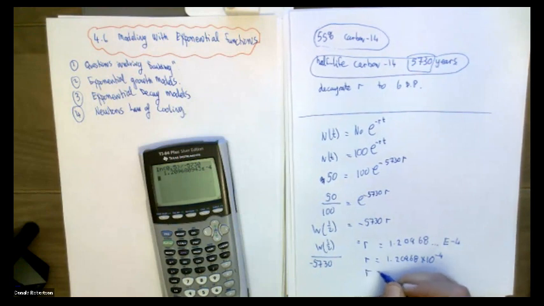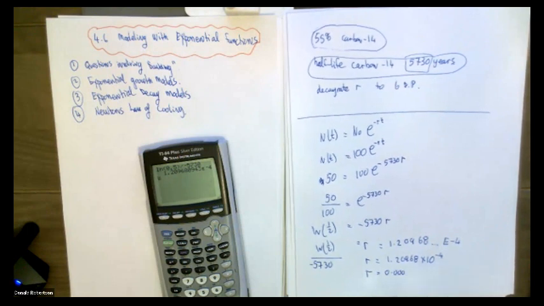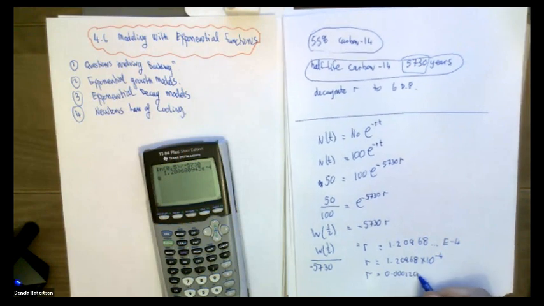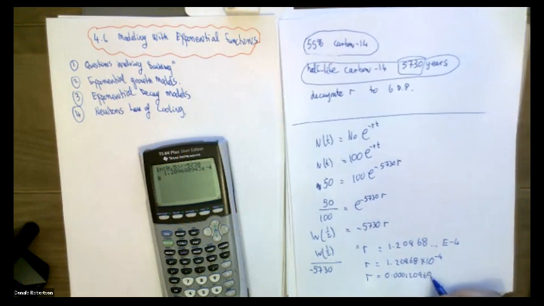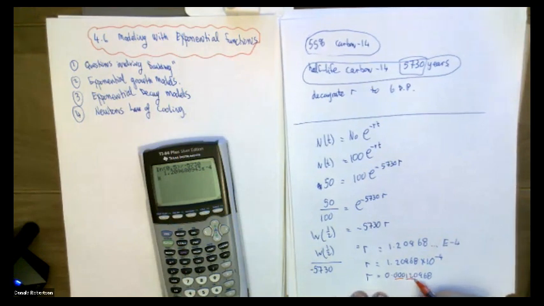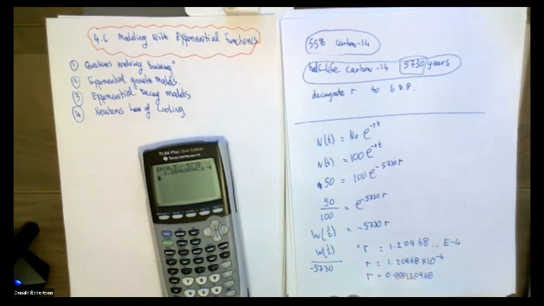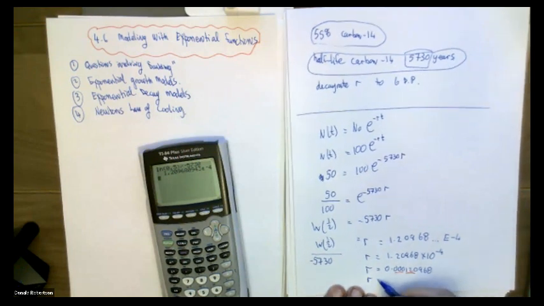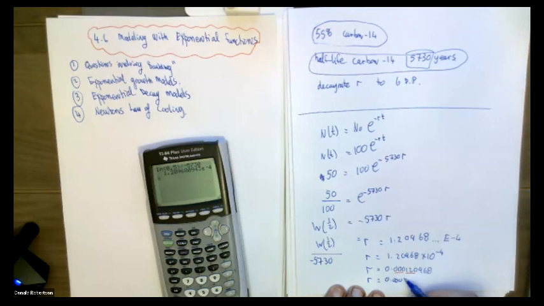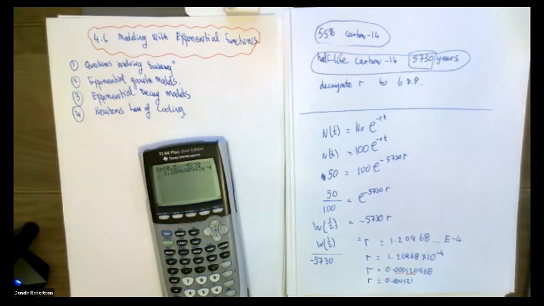If you want to turn this into a decimal, essentially you start with 4 zeros, including the 0 at the front, and then you write all the other digits after that. But we were asked to get it to 6 places. So there's 3, 4, 5, 6, which rounds up to a 1. So the relative decay rate is 0.000121.